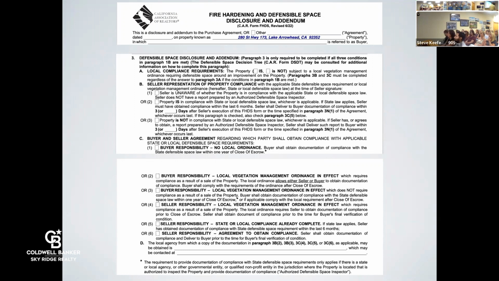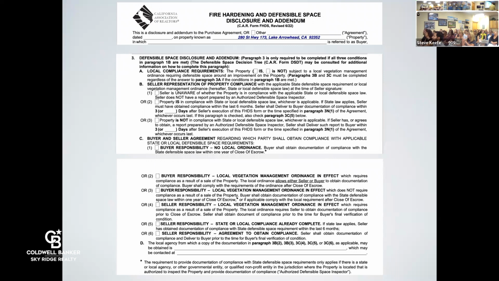There is no local ordinance. Buyer shall obtain documentation of compliance with the state defensible space law within 1 year of the close of escrow. Okay. Box 2, buyer responsibility, local vegetation management ordinance in effect, which requires compliance as a result of the sale of the property. Would you ever check box 2? You would not, because it does not apply.